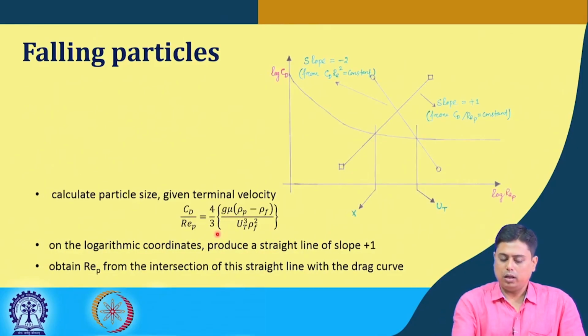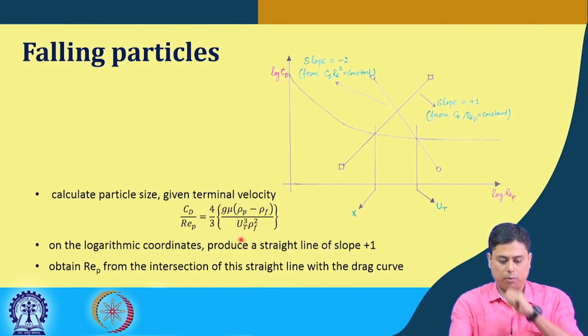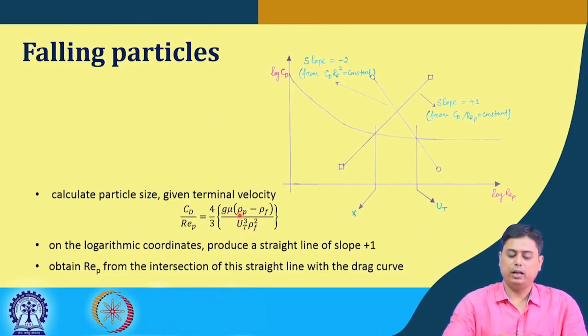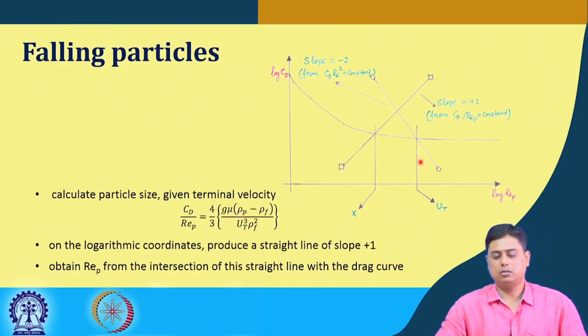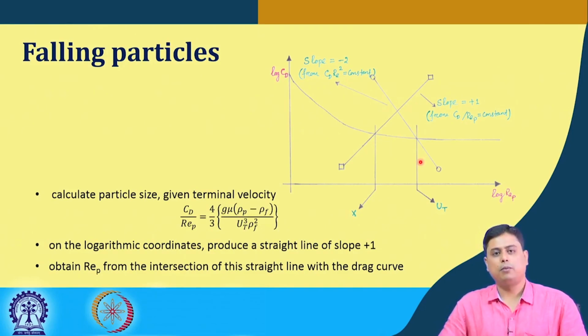And this other parameter, although it doesn't have any name, yields a constant value for a given particle and a given terminal velocity. Since this property is independent of particle size, for any given system we can find this constant value and make such a plot, which will give us the particle Reynolds number. From that we can find out either the diameter or the terminal velocity, whichever is unknown.